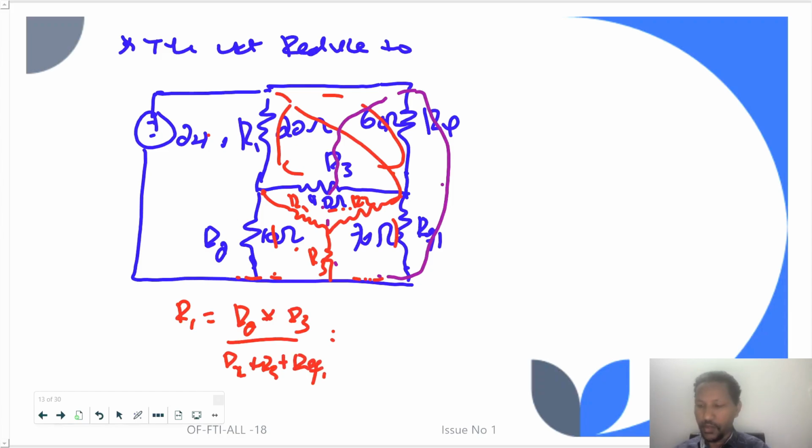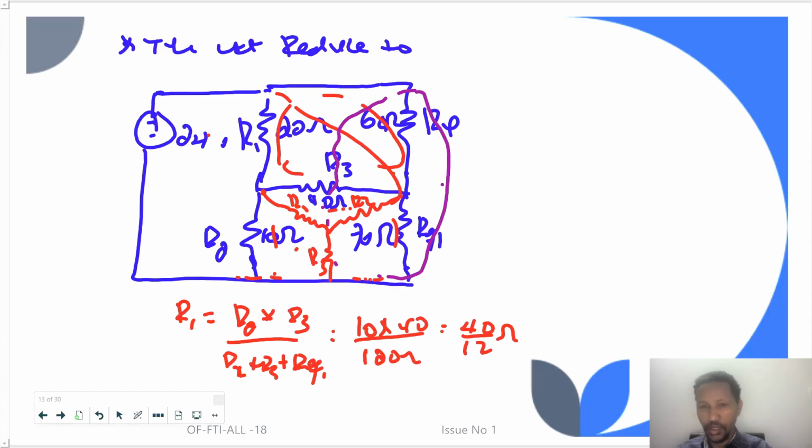So we have 10 times 40 over the sum of the three resistors, which is 120 ohm. So we have 40 over 12 ohm.